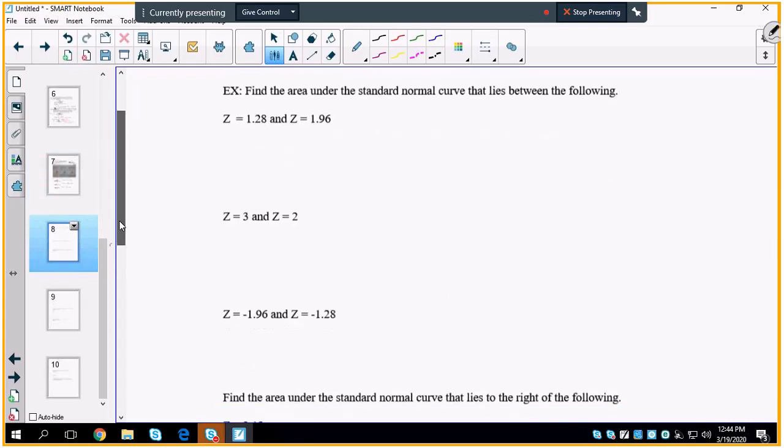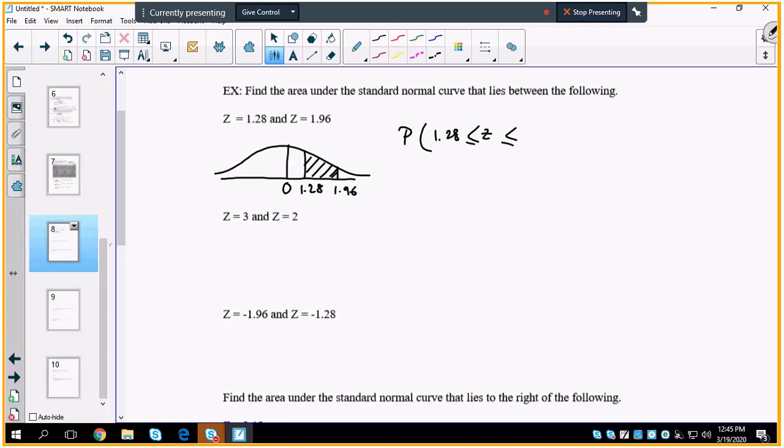The first one is to find the area under the standard normal curve that lies in between. Again, I will start the problem by drawing. Standard normal, so 0, 1.28 is on the right of 0, and 1.96 is even further right. Then write the notation. What do you want? You want the probability of 1.28 less than z less than or equal to 1.96.